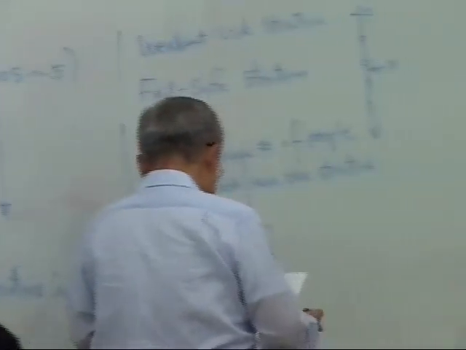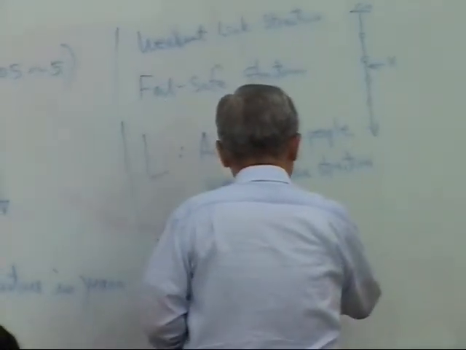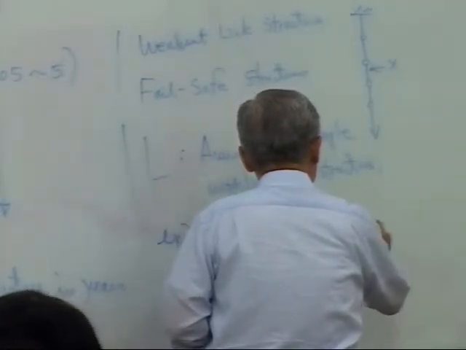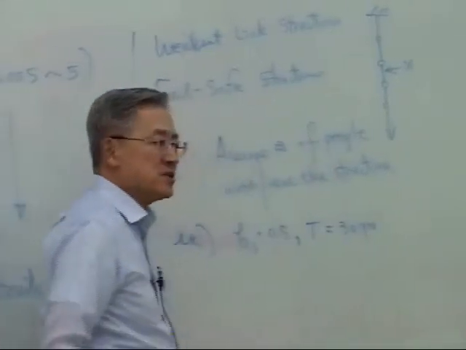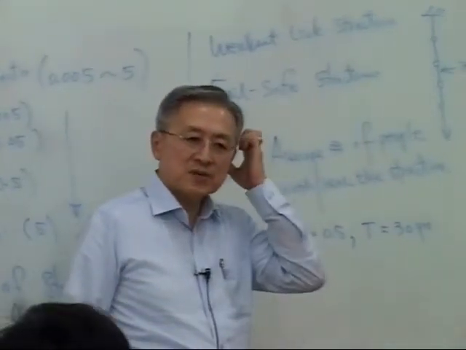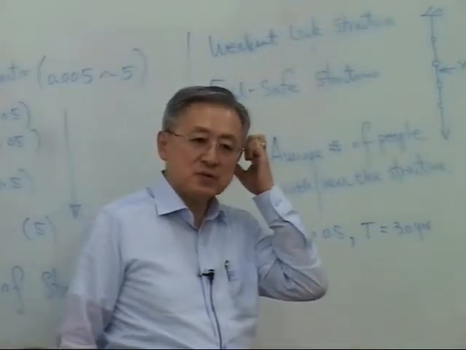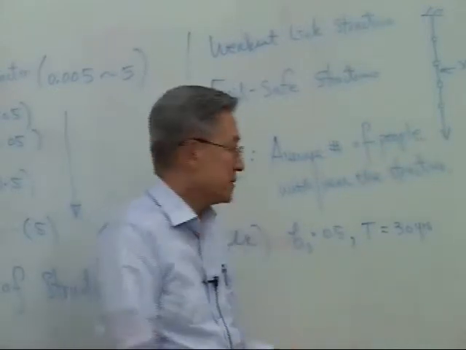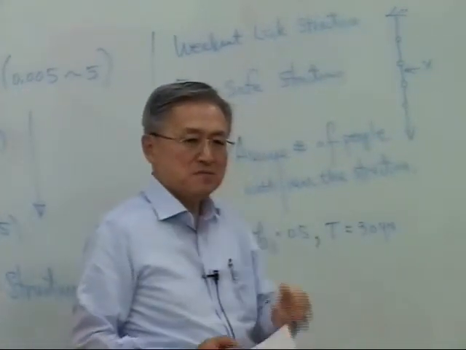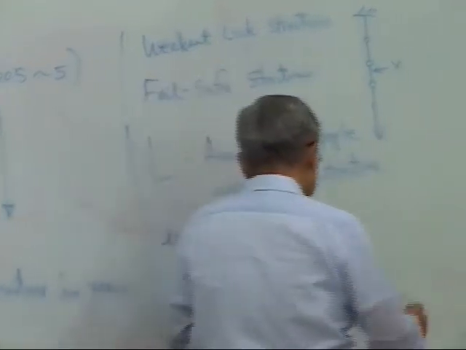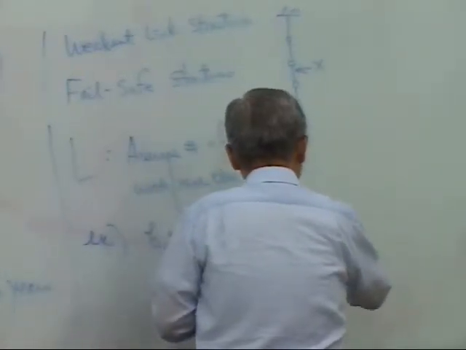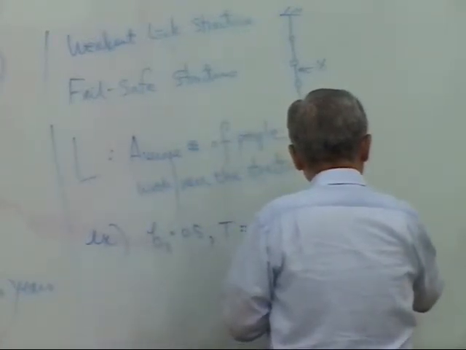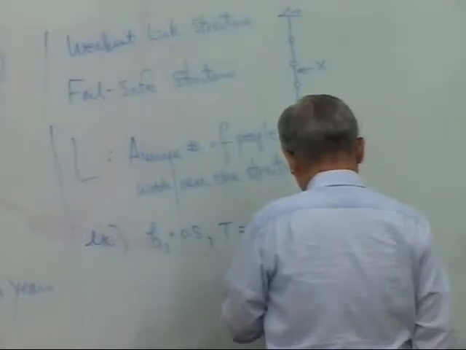The zeta is, let's say, 0.5, and T is 30 years. Usual bridge design depends on the design types and all that. Of course, it could be more than 30 years. Some bridges are there forever. Could be 100 years. So 30 years. And the average number of people occupying it is, let's say, 10,000 or 100,000 people.